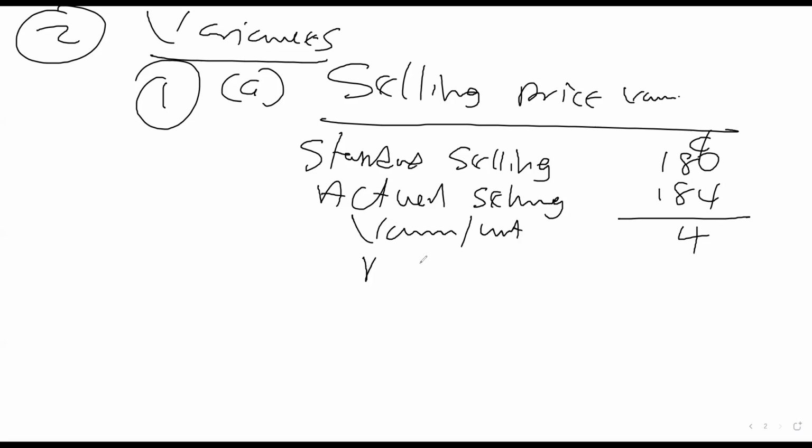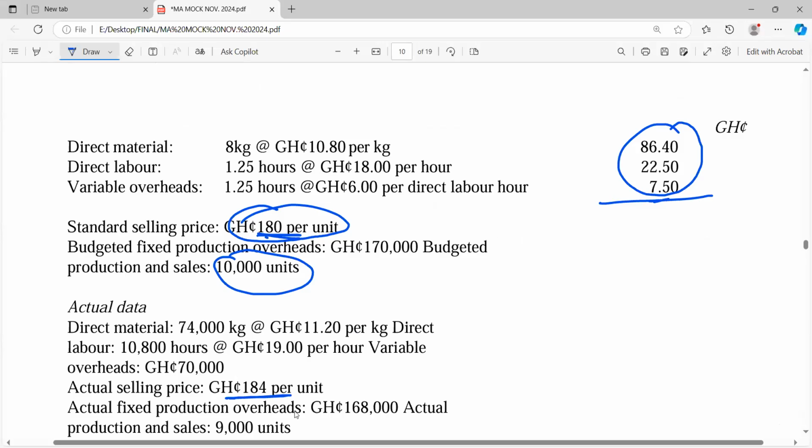Bring the actual sales units. What is the actual sales unit from the question? Check. 9,000, right? Have you seen it? So 9,000. What's the answer?